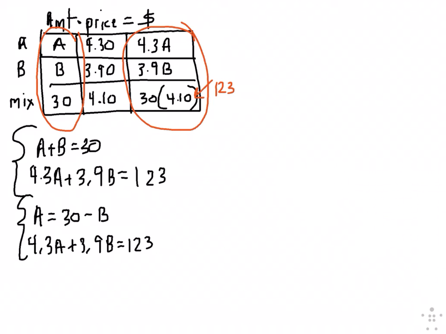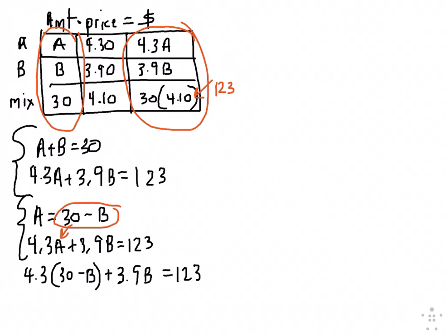So now I'm going to take the 30 minus B, and substitute it in for A. So we get 4.3 times (30 minus B) plus 3.9B equals 123. So 4.3 times 30 is 129 minus 4.3B, we're distributing this in, plus 3.9B equals 123.